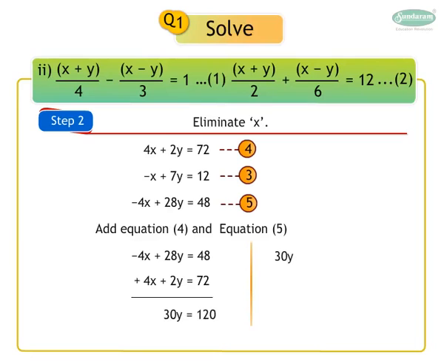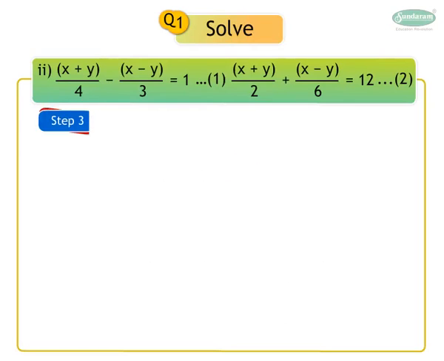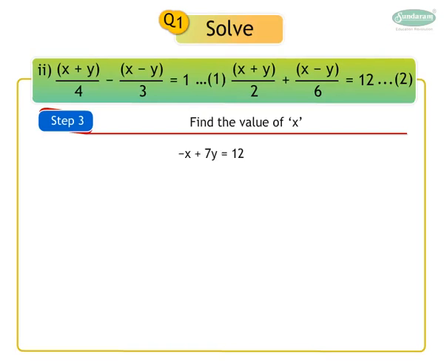So, the value of y is equal to 120 upon 30 is equal to 4. Step 3. Now to find the value of x, we choose an equation which is easy to substitute. So we substitute the value in equation 3, that is, minus x plus 7y is equal to 12.